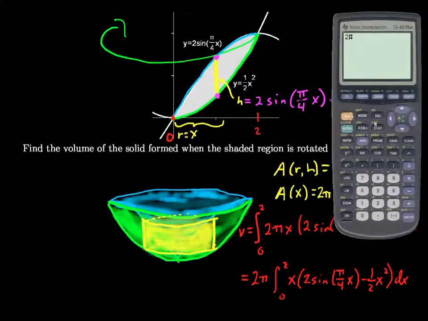Okay, 2 pi multiplied by math, fnInt, of x times 2 sine of pi divided by 4 times x, close that off, minus 1/2 times x squared, close that off.